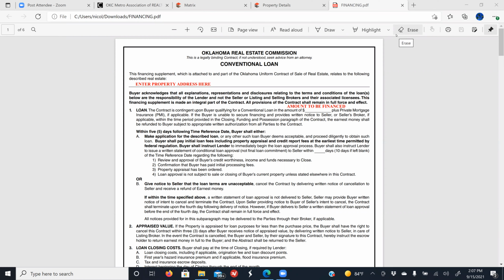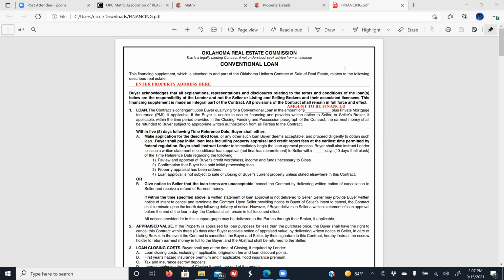Whichever loan type you checked, conventional, FHA, VA, USDA, whatever the case may be, you must then have an accompanying financing supplement to attach to the contract to complete the packet. That is what these documents are.